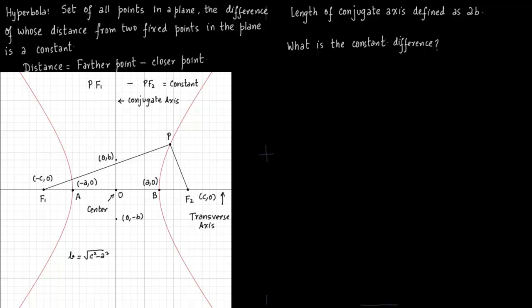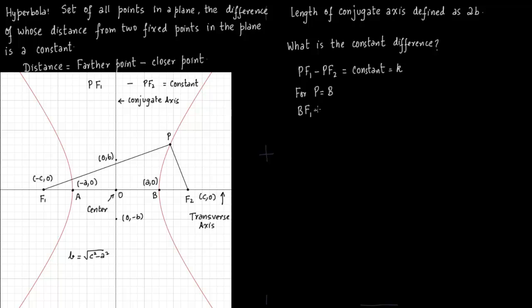So now we want to find out what this constant difference is. We are saying the constant difference, which is farther point minus closer point, is a constant. That is PF1 minus PF2 is a constant. We want to find out what this constant k is. So let us work on it.